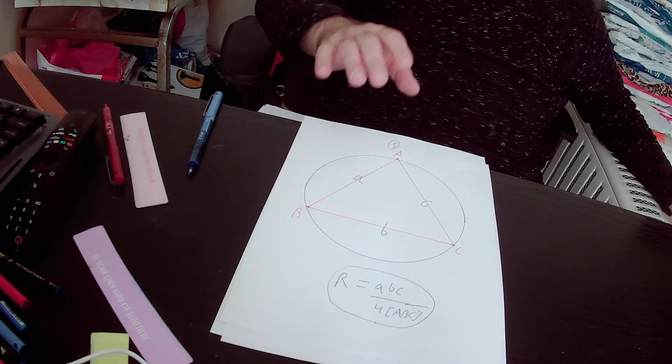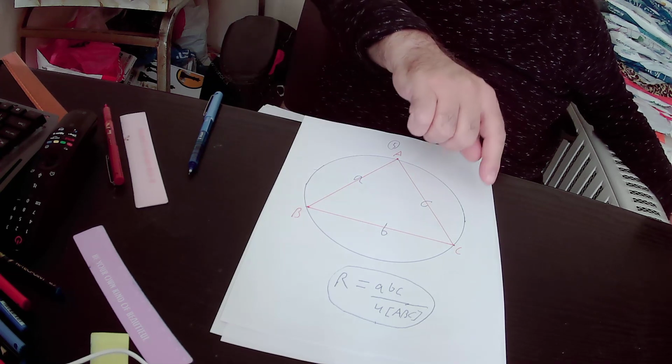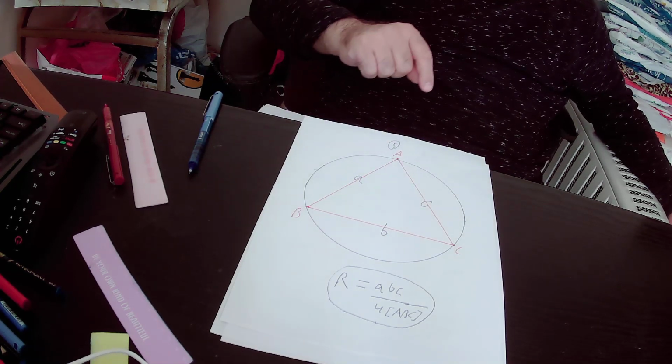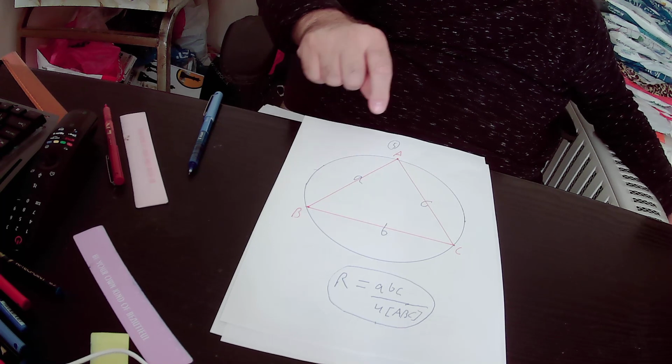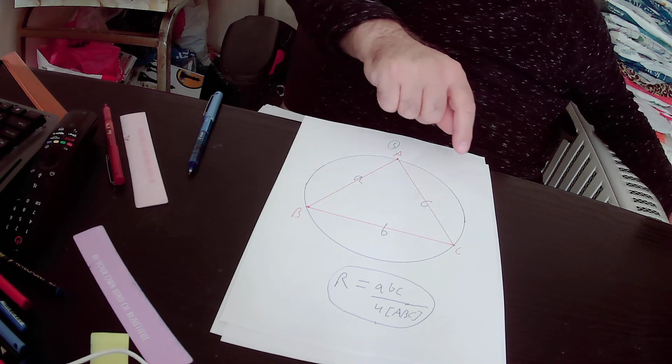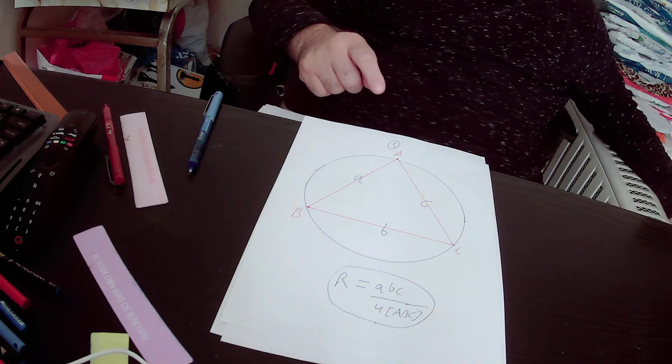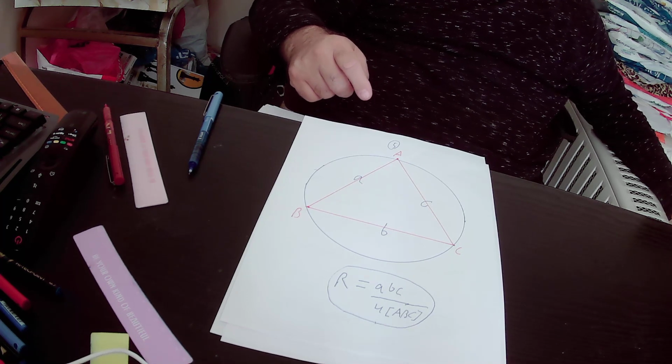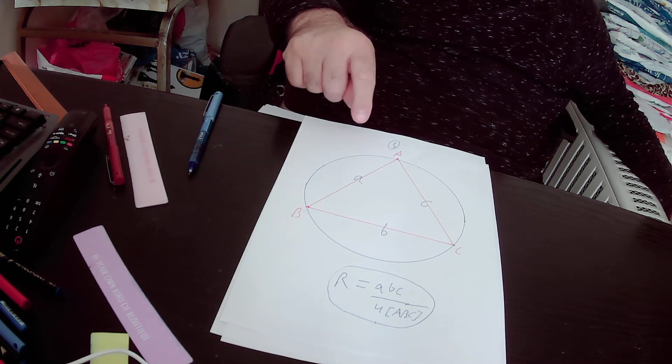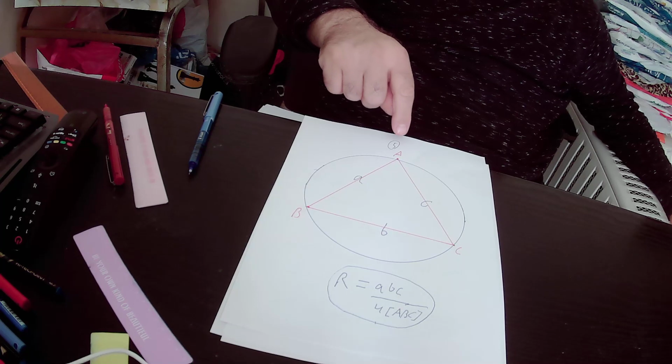So if we have a triangle that is inscribed in a circle, like in this drawing, then the radius of the circle that circumscribes the triangle ABC, which could be any triangle, will be equal to the product of triangle ABC's sides over 4 times the area.